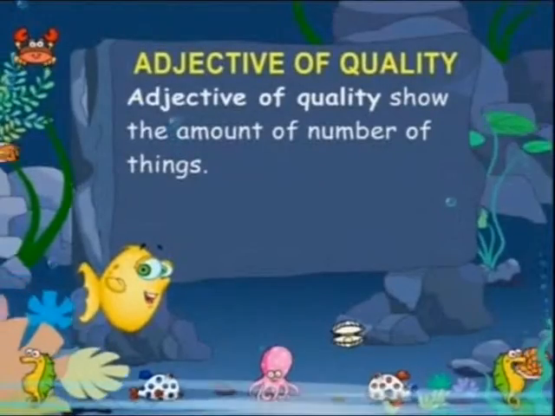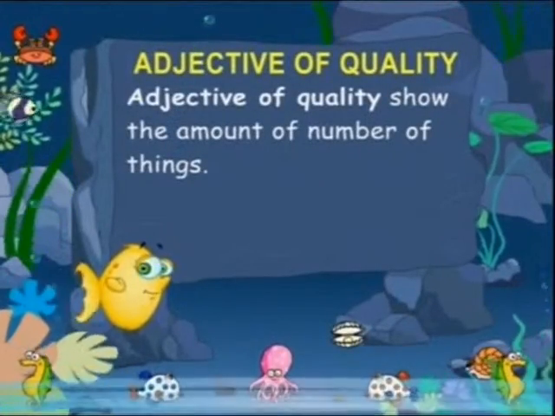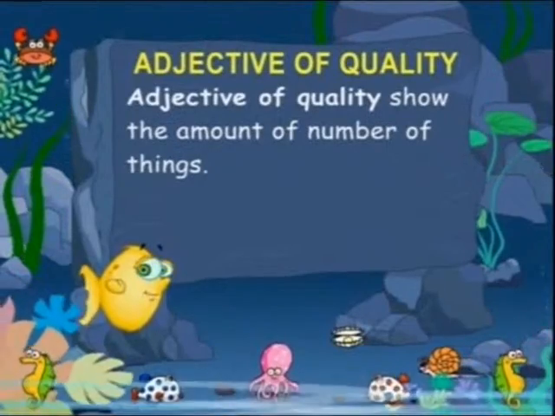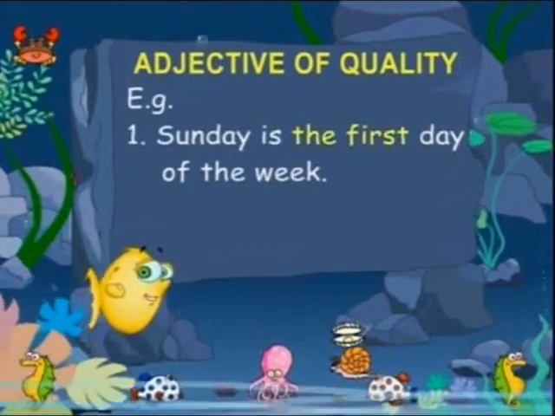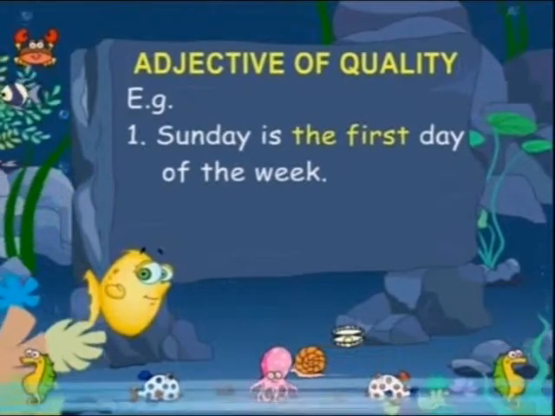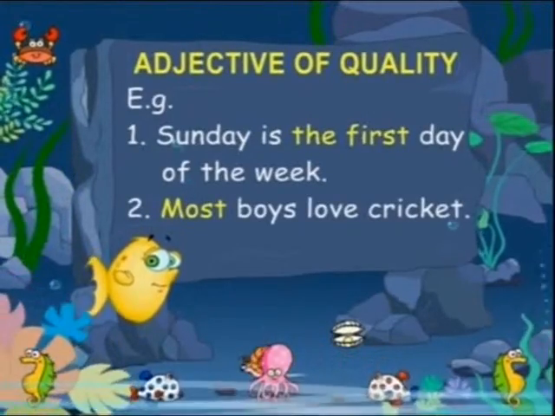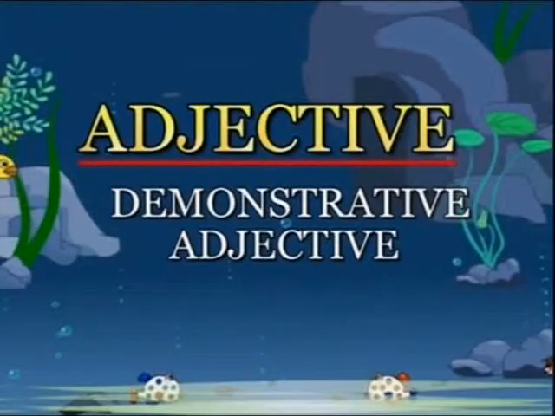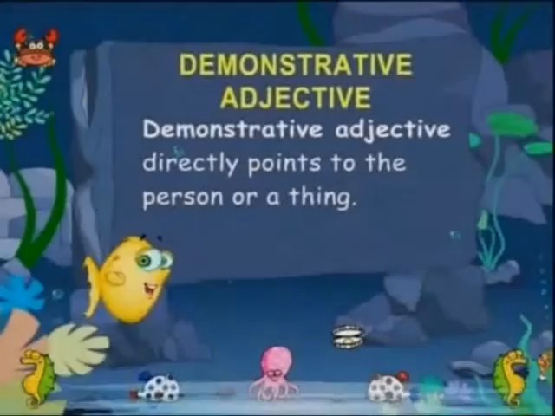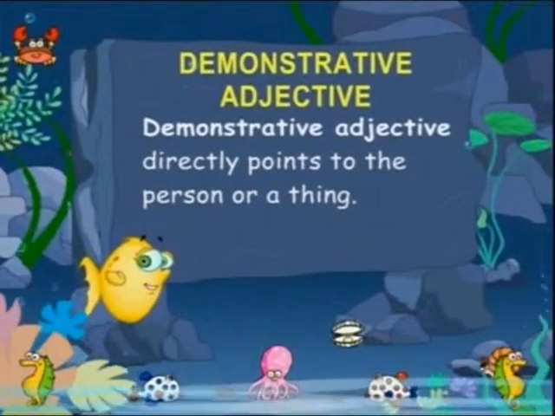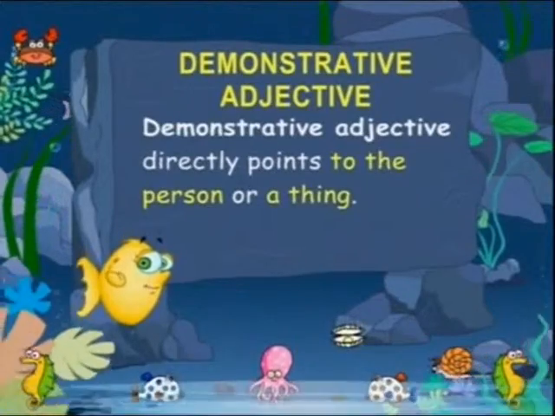The adjective of quality shows the amount or the number of things. For example, Sunday is the first day of the week. Most boys love cricket. A demonstrative adjective directly points to the person or thing.